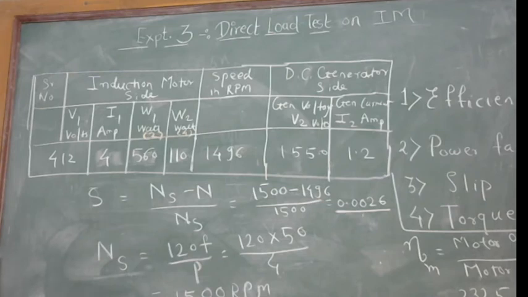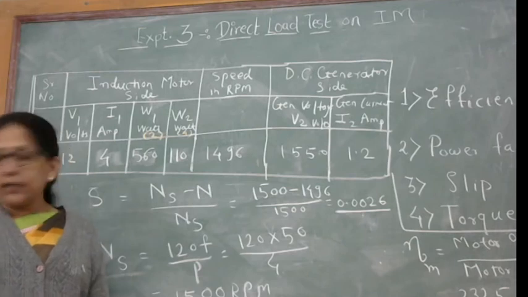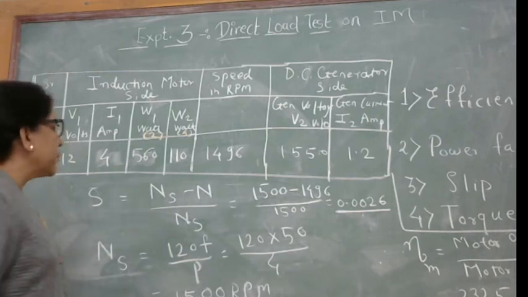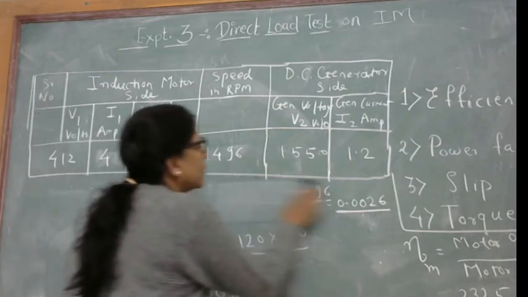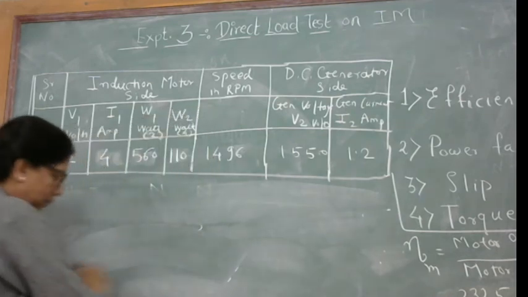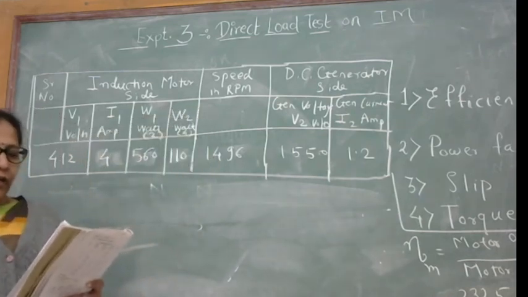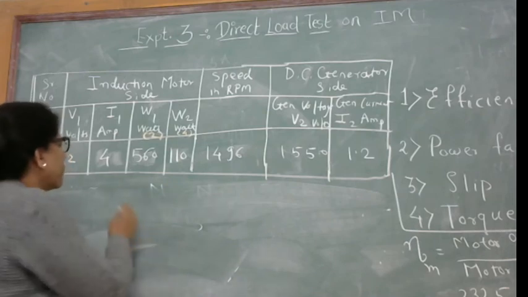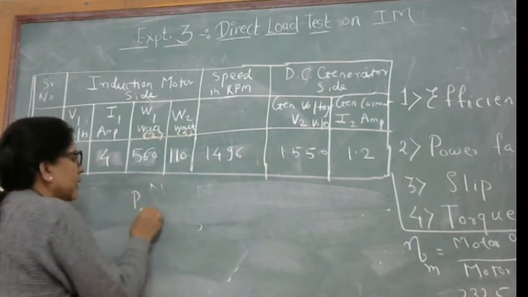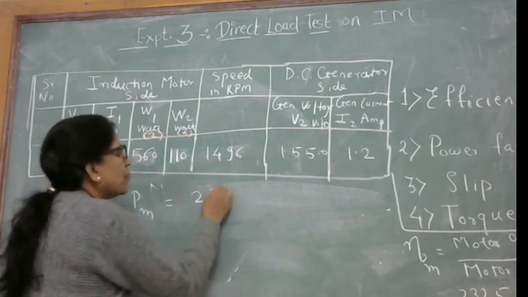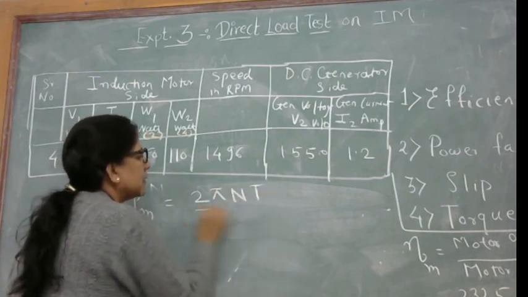So you find out the efficiency, the power factor and the slip, and now whatever remains is how to calculate the torque. For calculation of the torque, as we know, P mechanical is equal to 2 pi N T by 60.